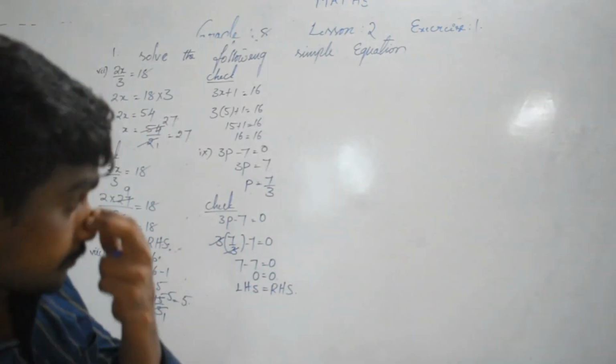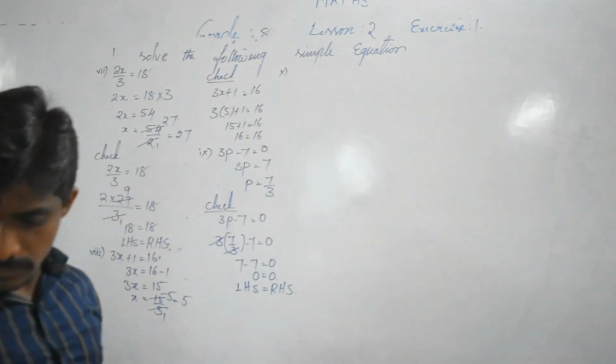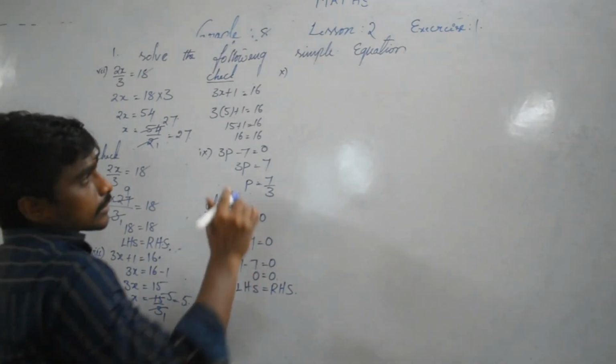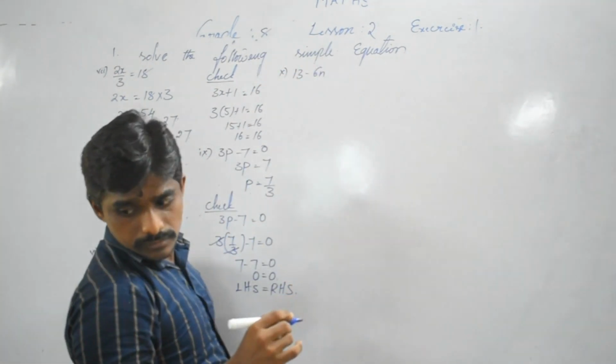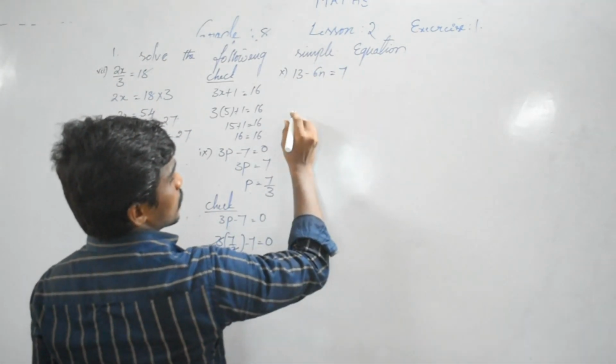Next one, 10th one. 13 minus 6n is equal to 7.